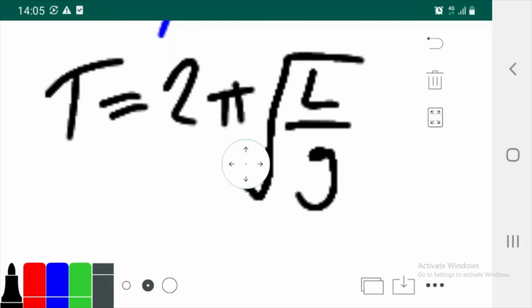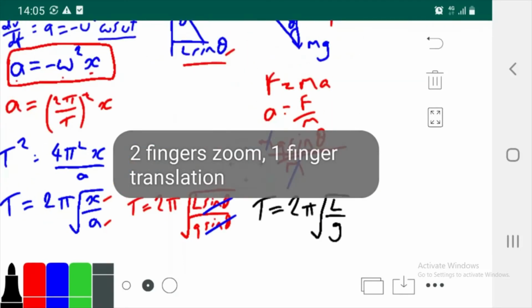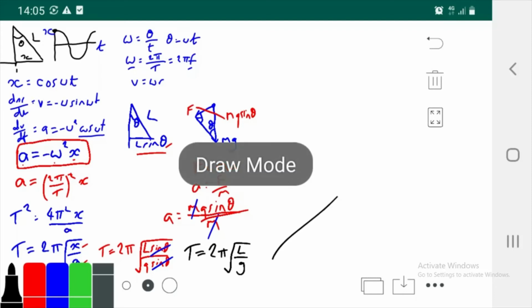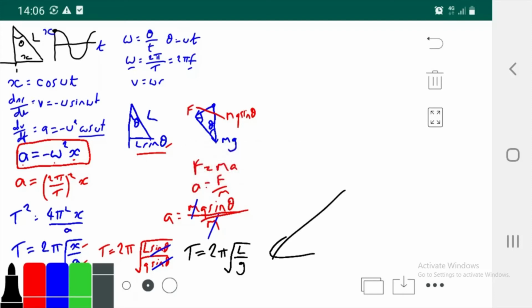So you can see, if I zoom out, see all of that work. The time period is related to merely the length of the pendulum and the gravity of the planet, or the value of g in whichever gravitational field you're in.